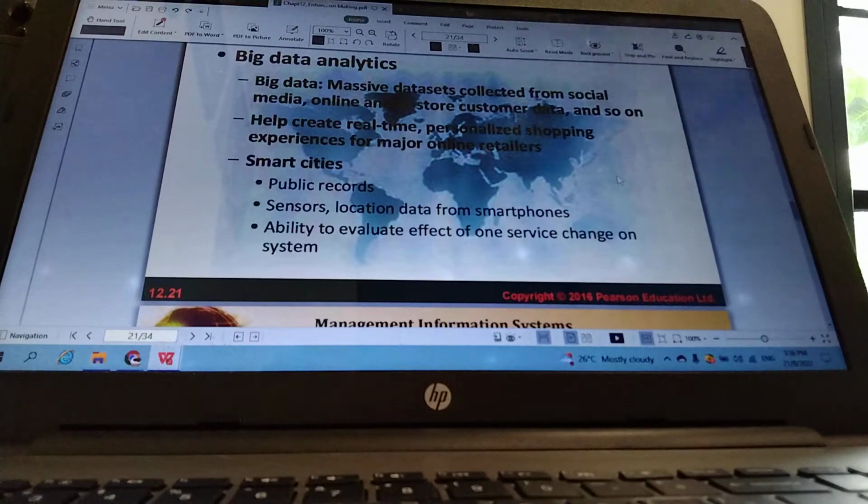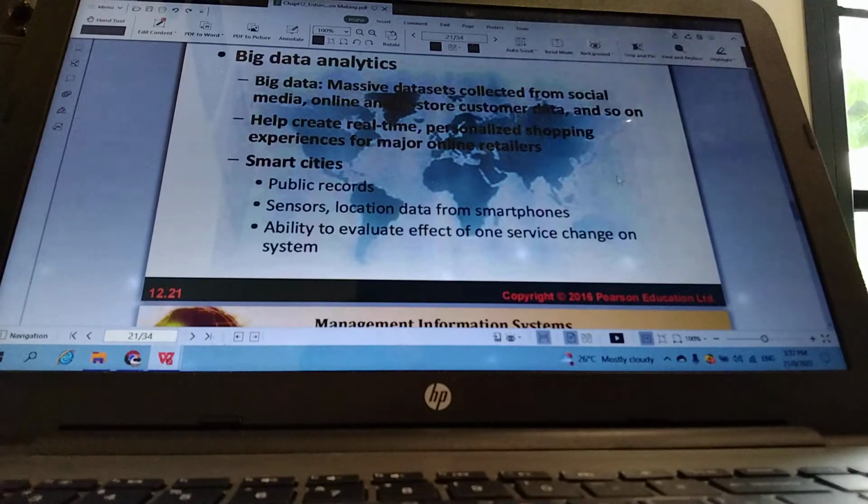So such features are available today, and the data definitely needs to be collected, sent and received, analyzed for the next action to be taken. Moving on, the ability to evaluate the effect of one service change on the system also is part of the big data analytic features as part of the intelligent system.